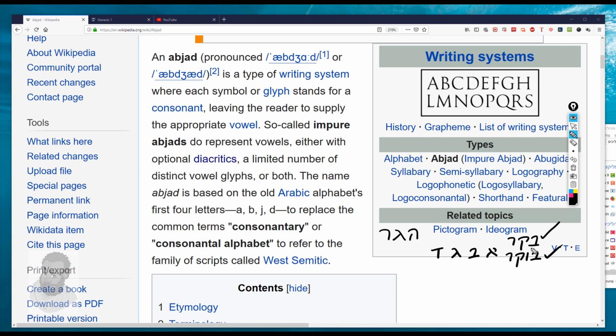I'm using the wow as a vowel. Okay, so this is boker, but how do I know it's boker and not bakar? Biker, how do I know? So what was done? We have the wow to aid in representing a vowel. So this becomes boker.